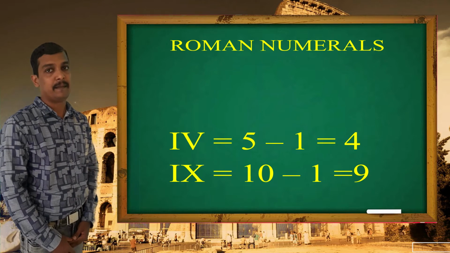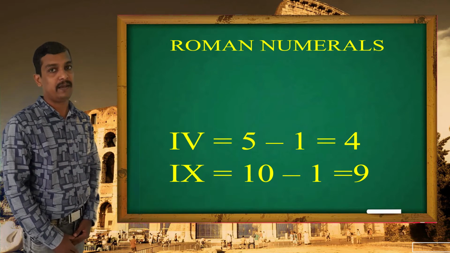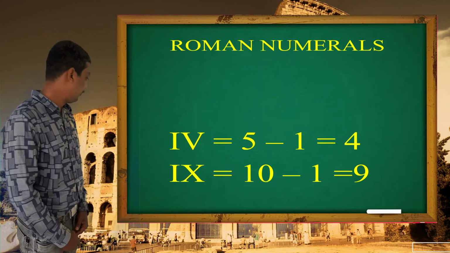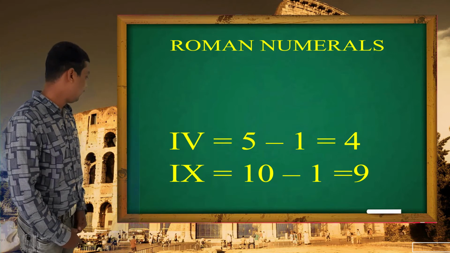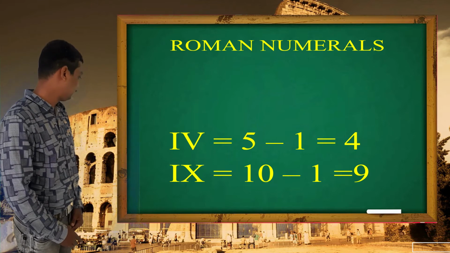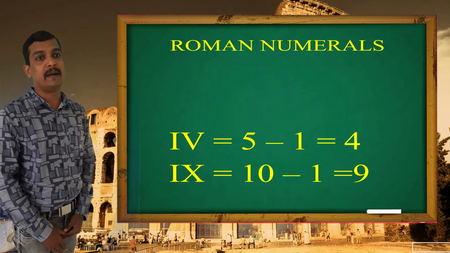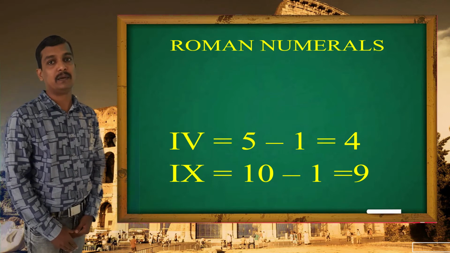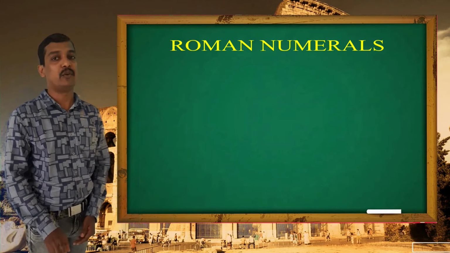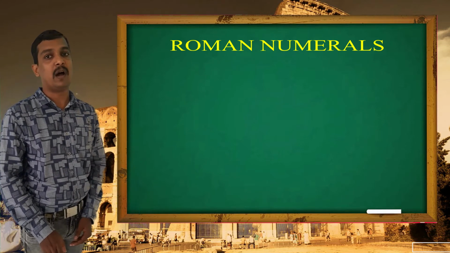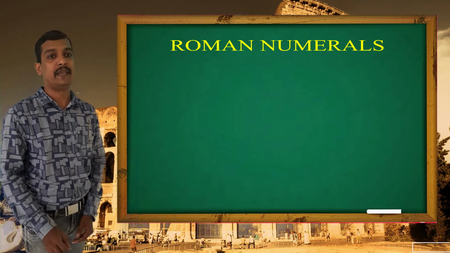That is V minus I, 5 minus 1 is equal to 4. If we write X, then we write I to its left, it will become IX. That is 10 minus 1 is equal to 9. But you have to remember that we can write the symbol I to the left of V or X only once.